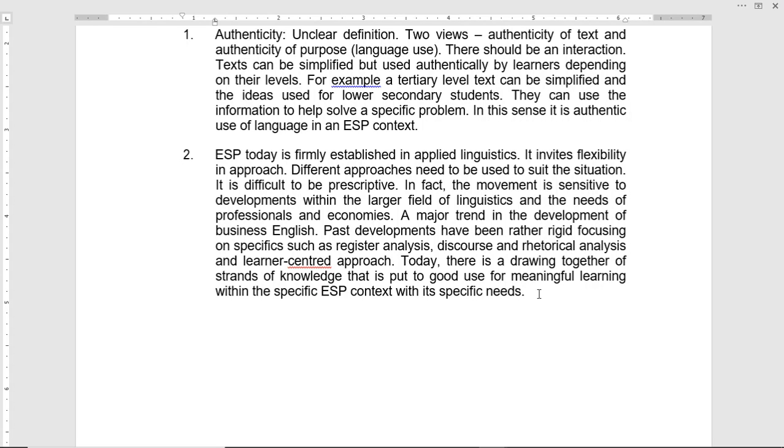And then the approach. Is it just structure and meaning of the language? Or is it also the meaning of the text? And what do we consider? Are they able to communicate in the specific areas of their study in the English language? Then English for occupational purposes.